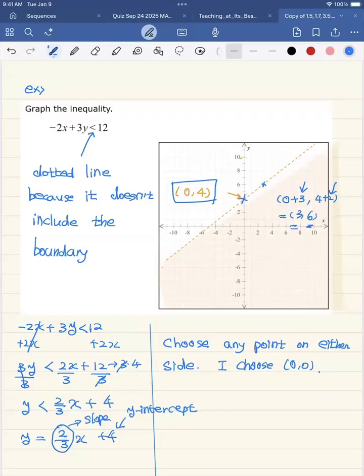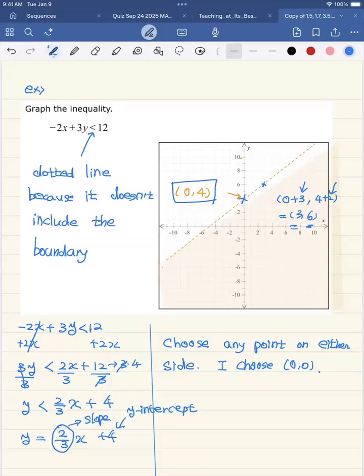As I said, the solution will be either the right side of the dotted line or the left side of the dotted line. So it's enough to check with 1 point. Again, I will choose 0 and 0 because 0, 0 is the simplest thing to check.